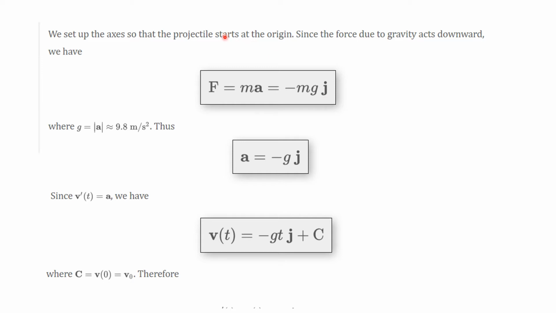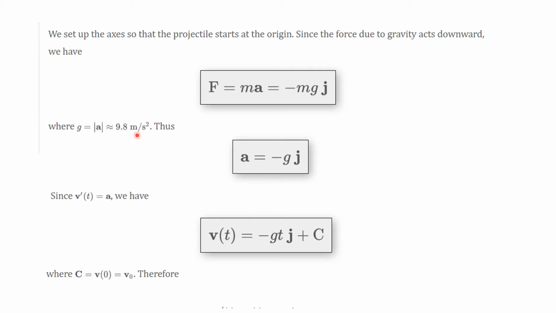It's in the y direction because of the way we set up our coordinates. And so F is equal to minus mg j. We're taking down to be negative here. That was arbitrary, but that's the way we're choosing it. And the magnitude of g, the acceleration due to gravity, is the magnitude of a.